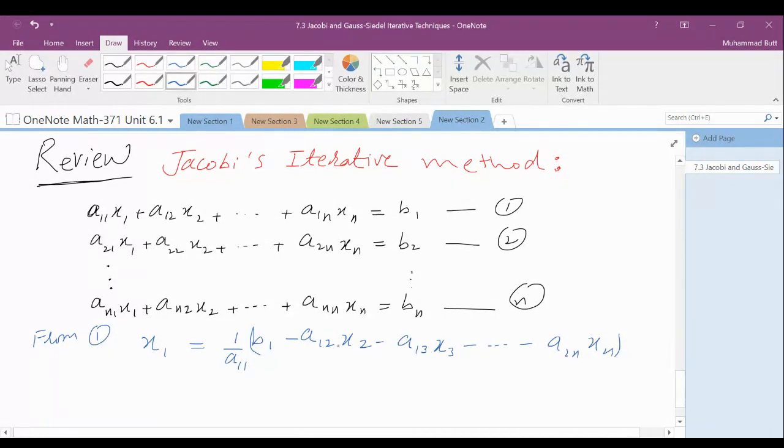So now we will focus on this in detail so that we can write the MATLAB code.